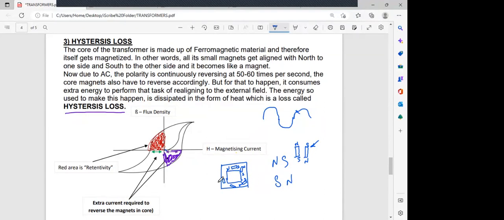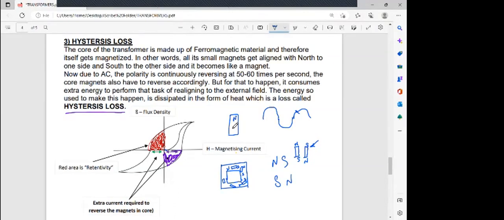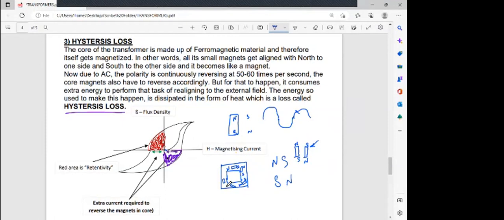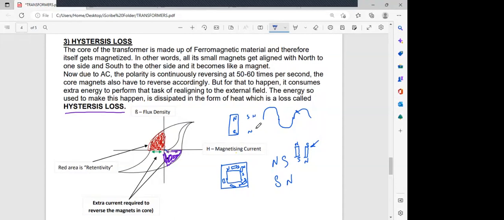When your primary is wound on this type of iron core, in this north-south direction, it is going to try to organize all these tiny magnets, so that this is south and north. Then when it changes sign, it becomes north and south, and all these are going to be rearranged.